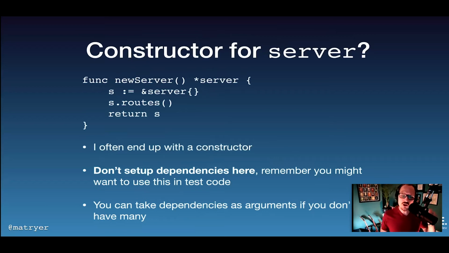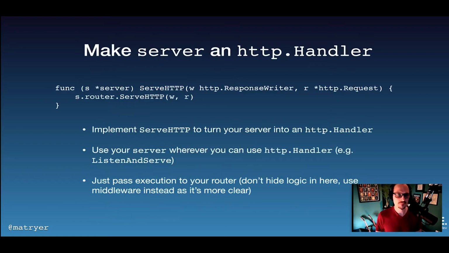But it's important not to set up dependencies in here, because one of the value props of having this server type is testability. We'll come on to that more later. You don't want to set up your real dependencies because you may want to use fake dependencies instead. If there is a dependency that you always need, it's just Go code, you can just take arguments.